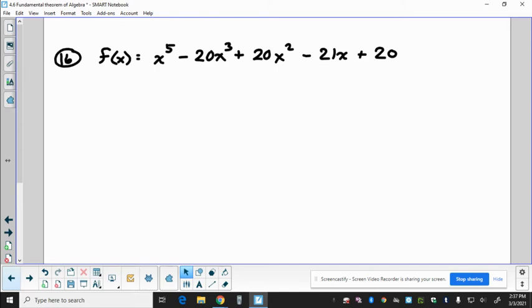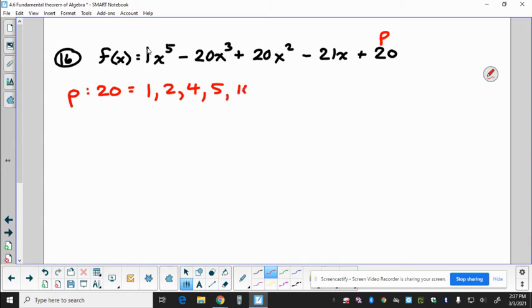Let's go ahead and look at this carefully. I'm noticing there's an x to the 4th term missing, by the way. We're in luck. That coefficient's a 1. All right, let's get our rational root theorem going. So let's get the factors of 20.